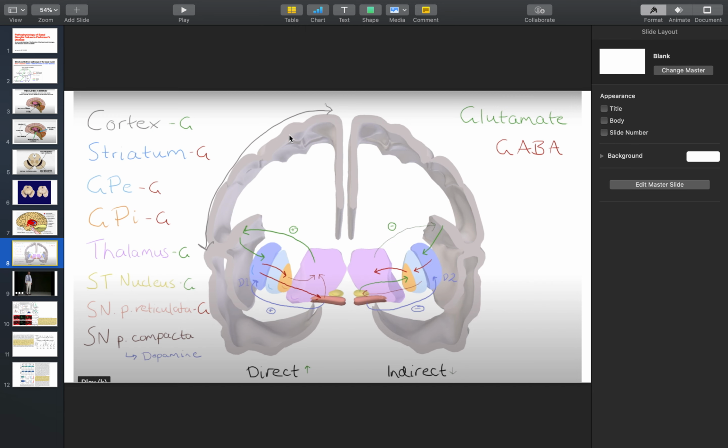So the cortex is going to release glutamate, which is excitatory, right?